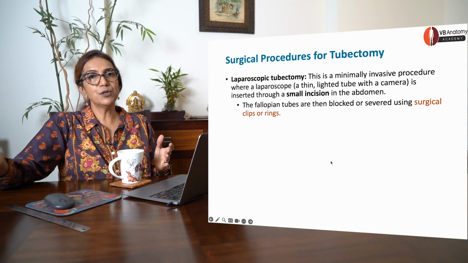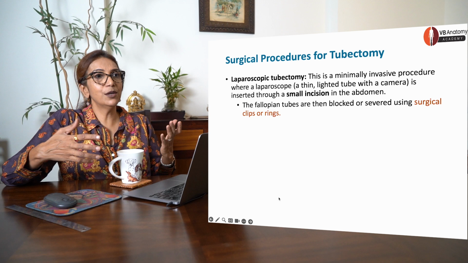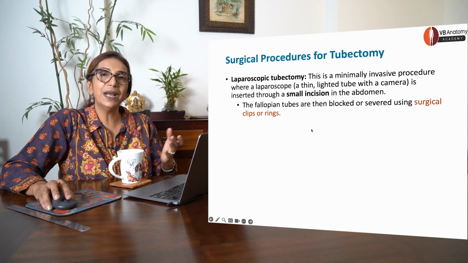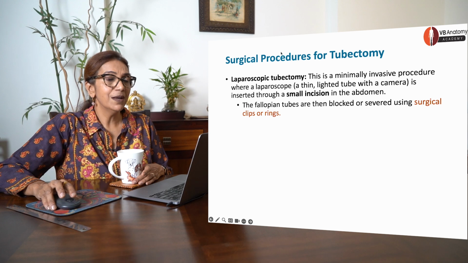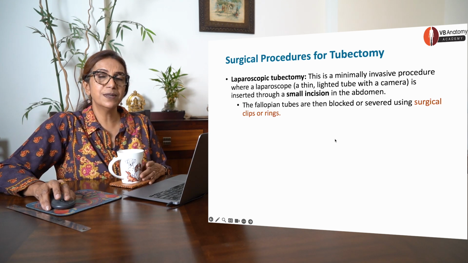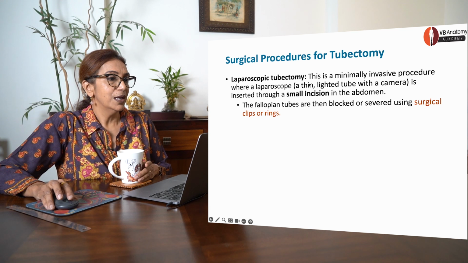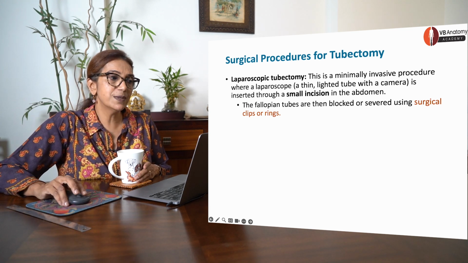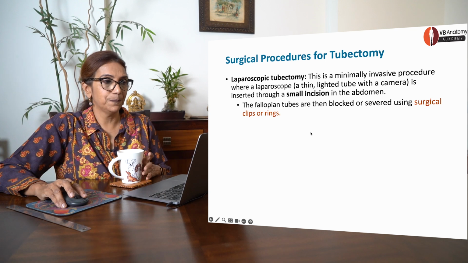So what are the types of tubectomy? Tubectomy has come a long way. Initially, it was an open tubectomy. Today, we do laparoscopic tubectomy. So you just put in a laparoscopic tube, find the fallopian tubes. Here, the incision in the patient's abdomen is quite small. You find the fallopian tubes and block them using surgical clips or rings.